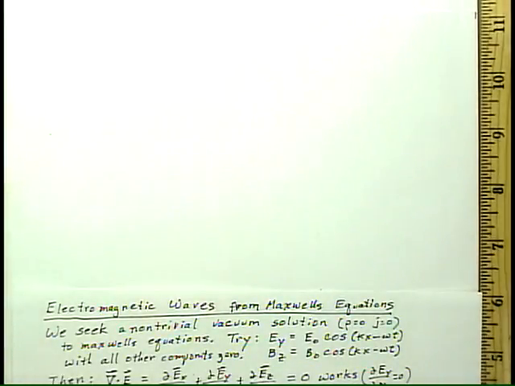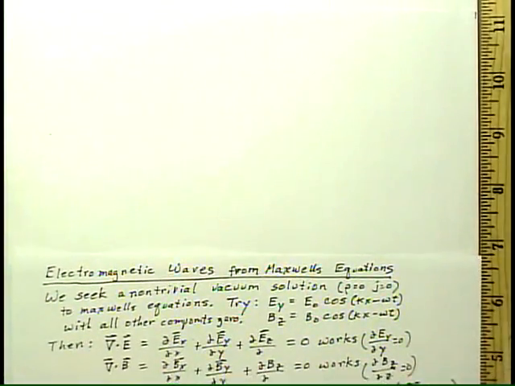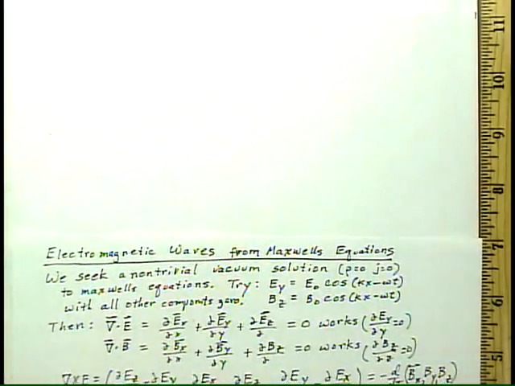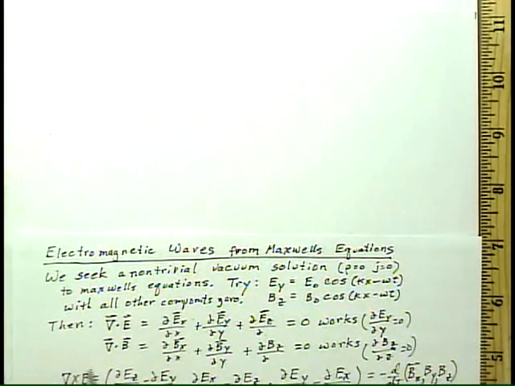So we're now going to plug these into all four of Maxwell's equations and make sure that this works. We first put this into the form del dot E, and here we have the partial of Ex with respect to x, Ey with respect to y, and Ez with respect to z.